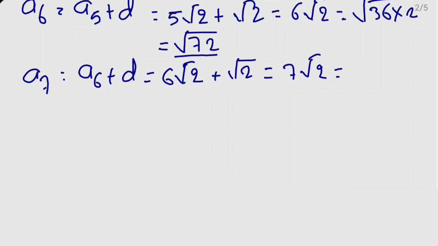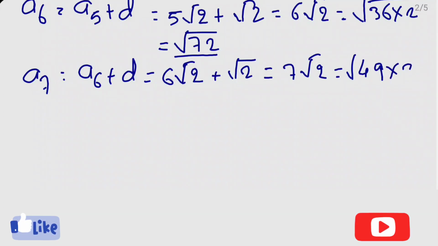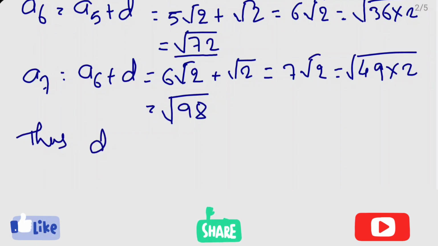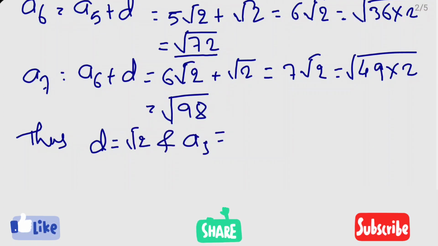This equals, with 7 going inside the root, 49, since 7 square is 49, into 2. So under the root 49 times 2, that is 98. So write down here: thus d is root 2 and a5 is root 50.